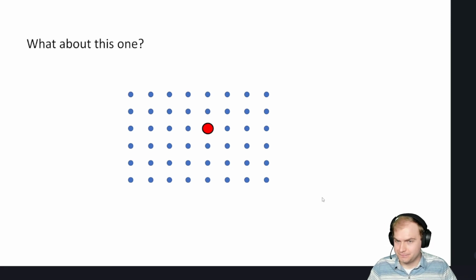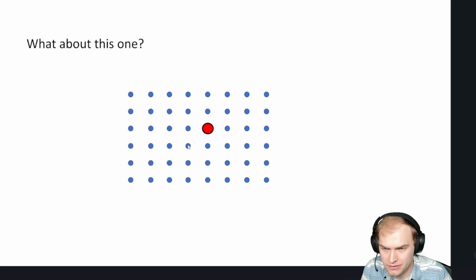What about this one? Again, we're on the integer lattice. Pick some points. Any point on the integer lattice. So this is a tricky one, and it challenges the definition I've given so far.